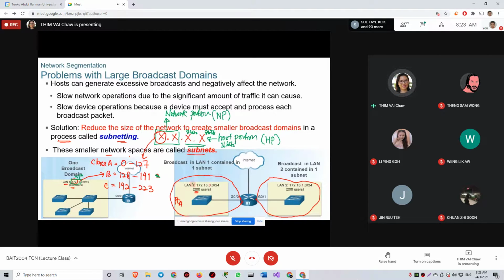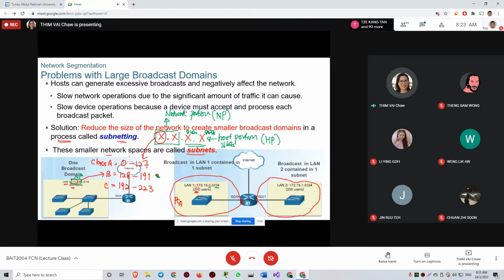So now, before I teach you the techniques to create a subnet, you can have a look at this example. You were able to see that this particular column he highlighted over here is /24.